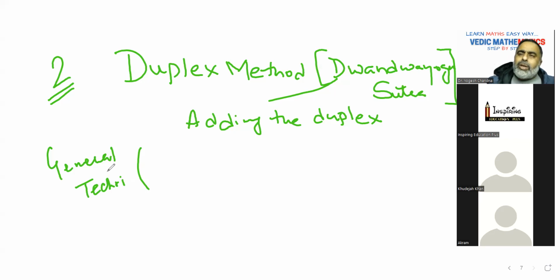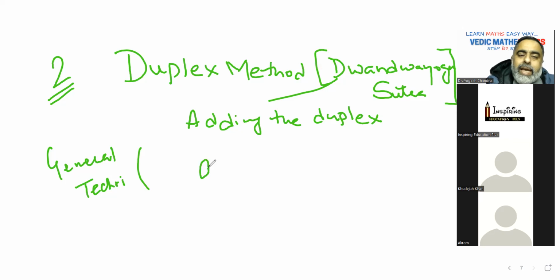So one can learn two techniques, one for smaller numbers and one this technique, which is applicable for all. In case they're not able to remember or they don't want to remember so many concepts, only one is sufficient. So first, since we are dealing with 2-digit numbers, we'll understand first for 2-digit, and 3, 4, 5 we'll do later on.